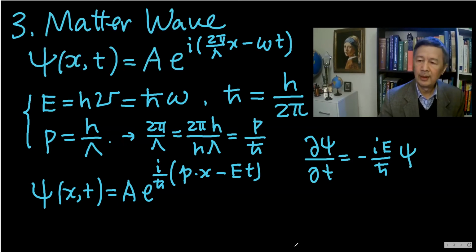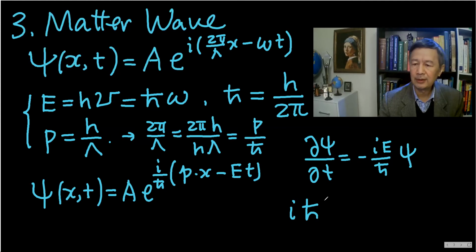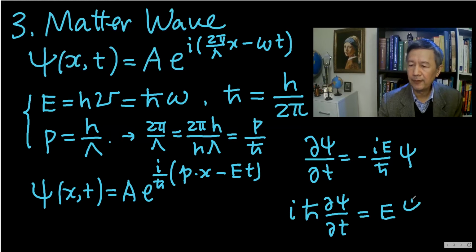Of course, we can rewrite this arrangement. That's exactly what Schrodinger did. So we multiply by h bar here, and also multiply by another i here. Then we get this slightly different mathematical form equal to E multiplied by phi.